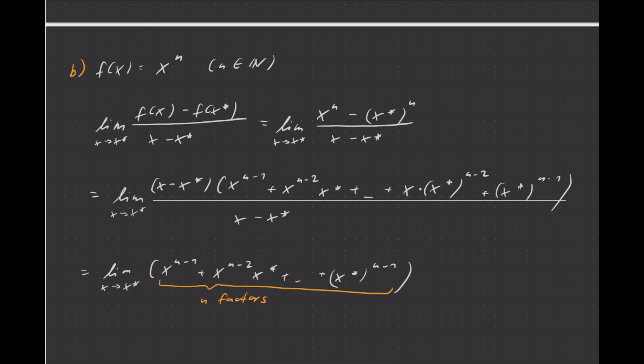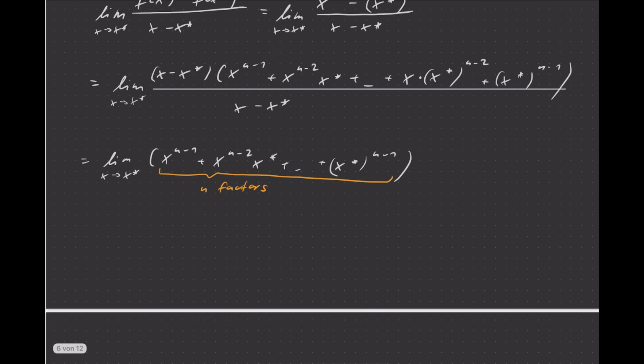And if we just substitute x star for each occurrence of x, if we take that limit here, then we get x star to the power of n minus 1 here. x star to the power of n minus 2 times x star. So again, x star to the power of n minus 1. And the same thing happens for all these factors until this one. That's also x star to the power of n minus 1.